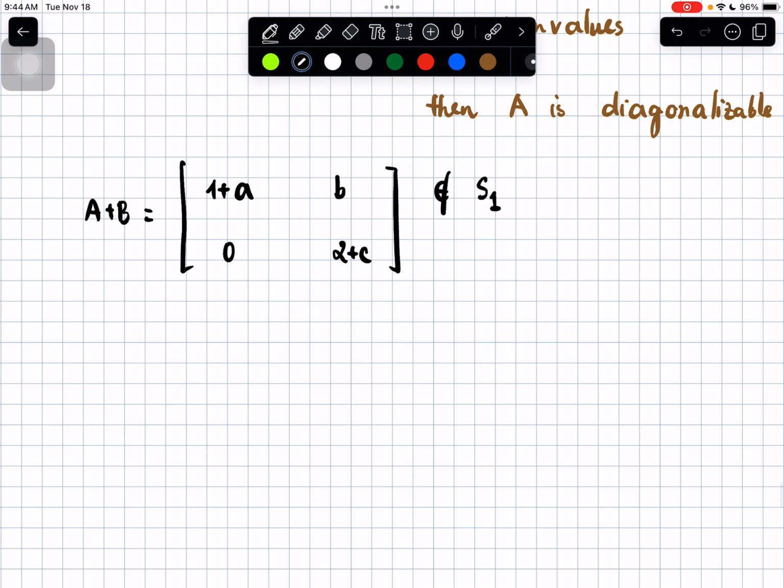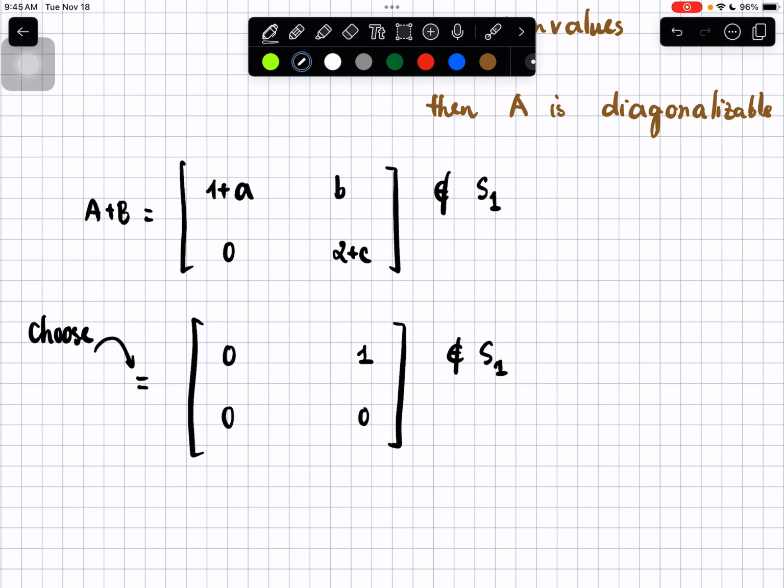To make it easy, choose these to be the same. If we choose the off-diagonal entry so that the matrix is 0, 1, 0, 0, this matrix for sure is not diagonalizable.